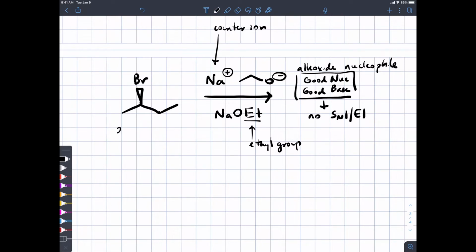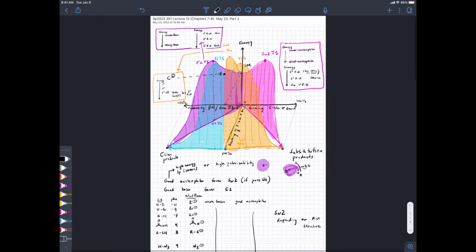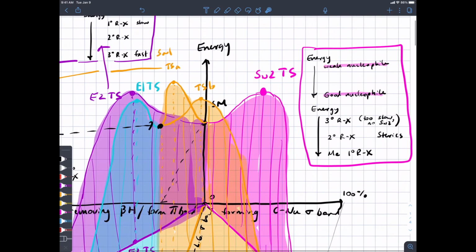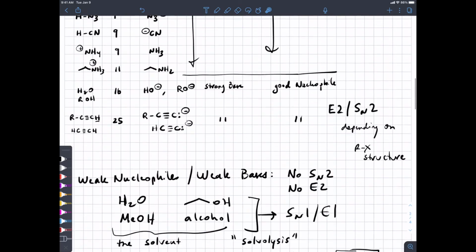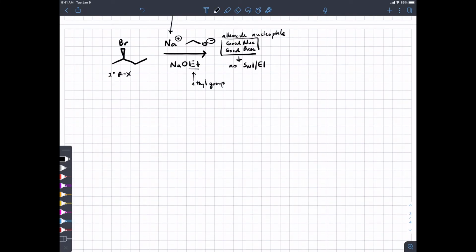Now, we have a secondary alkyl halide. What we said for secondary alkyl halides in terms of rate was it's sort of intermediate for E2 and also sort of intermediate for SN2. So we expect both SN2 and E2 to be possible for this alkyl halide.